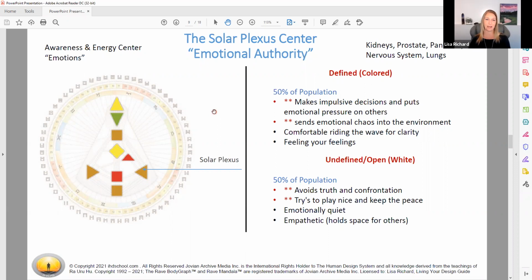For those of you that have it colored in on your chart, this is your authority. This is your guidance system. You are known to be of emotional authority. What that means is that in that not-self state, in a conditioned state, you are making really impulsive decisions, and that puts a lot of pressure on other people.